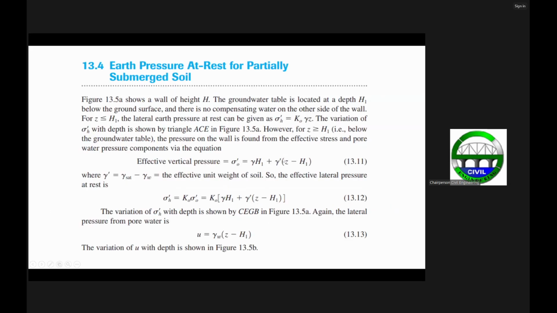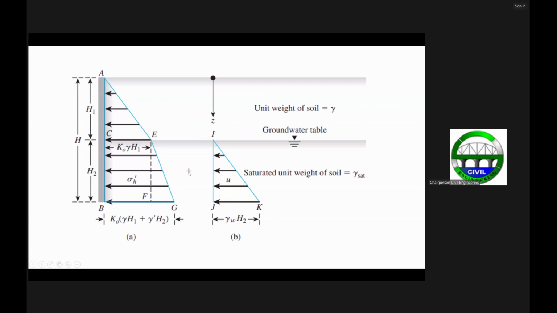If you go back here and consider this point, the depth from the groundwater table is equal to Z minus H sub 1.